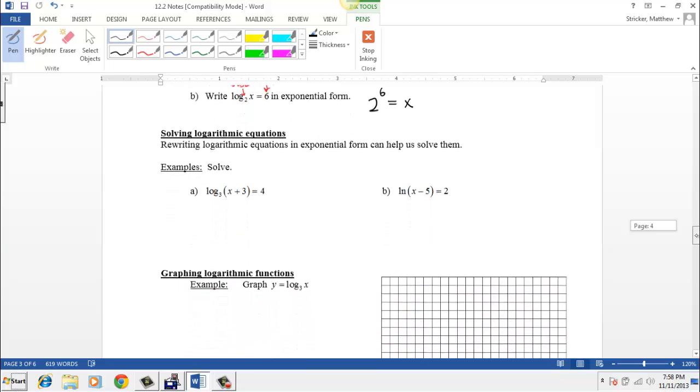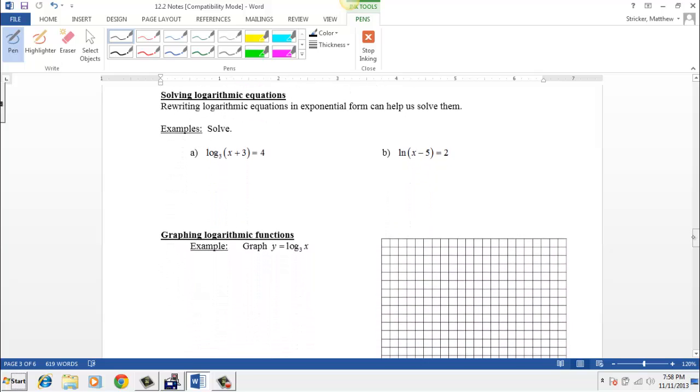So let's see how we can use this to help us actually solve a logarithmic equation. In this first example, we know that the base is 3 and the log gives the power. So in exponential form, this is 3 has to be raised to the 4th power to get the argument of x plus 3. 3 to the 4th power is 81.